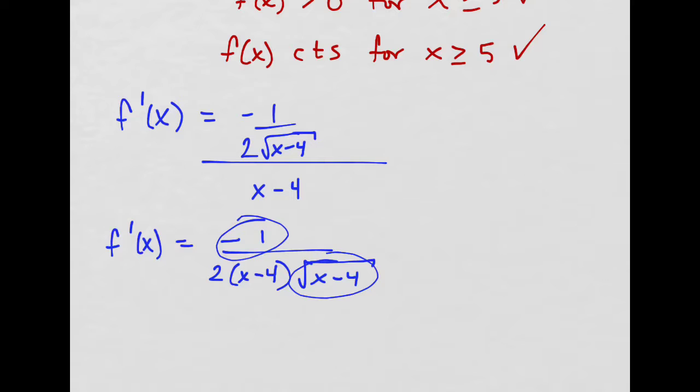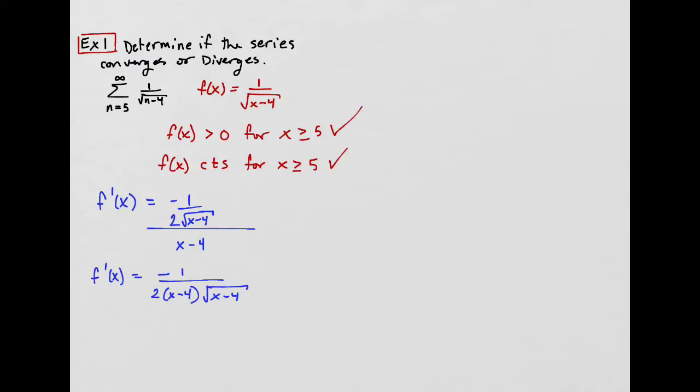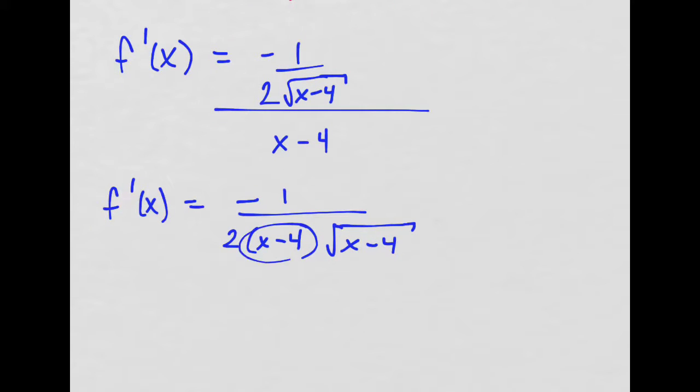Actually, you get an imaginary number, but we're not concerned with the entire domain of this function. We're actually concerned with just x greater than or equal to 5, because that's what we're dealing with here. So if I plug in something that's greater than or equal to 5, I get a positive. And then this is going to be a negative every single time, so it's a negative divided by a positive.